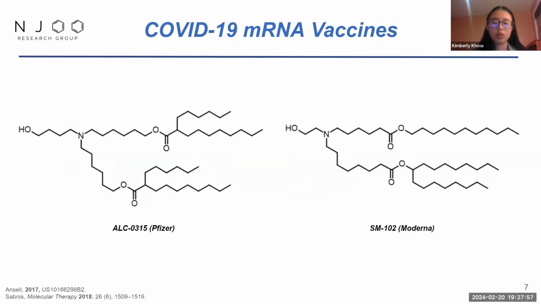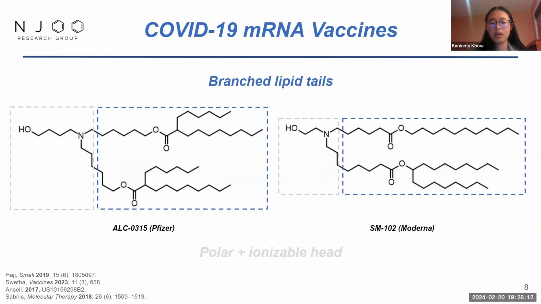But if we were to take a quick look at the ionizable lipids that they used for their formulations, we'll start to notice a few key similarities that also caught our eyes while we were trying to develop and design our own lipid library.